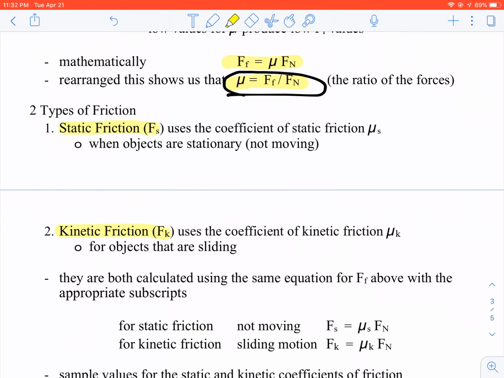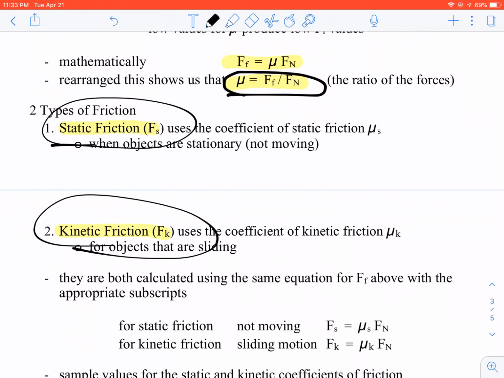You say, all right, pull, and all of a sudden it starts to go. And as soon as it's going, you'd say, don't stop, right? Because once it's moving, it has changed from static friction to a lower friction, which is kinetic friction. So the static friction is always higher than the kinetic friction.